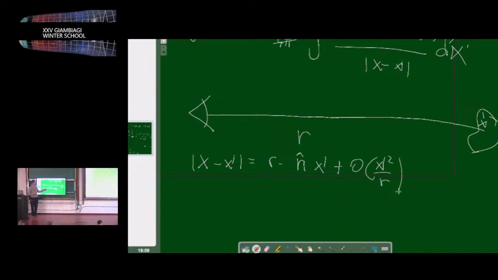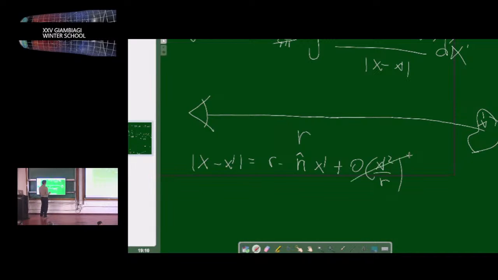Okay, now this is clear. I'm just doing, these are two vectors. The modulus of this will be the square root of r squared plus the modulus of x prime squared, which is the vector running over the source, minus 2 times the scalar product of x and x prime. Then I expand the square root and I get this, and I get some subleading order which I can kill.